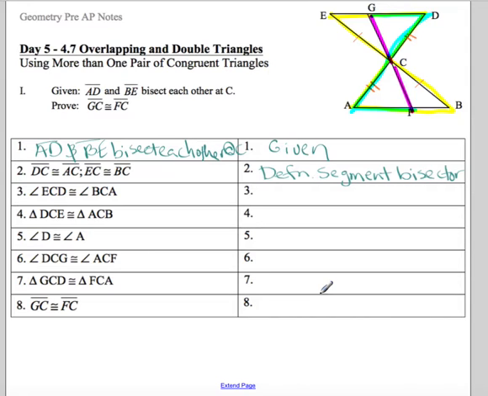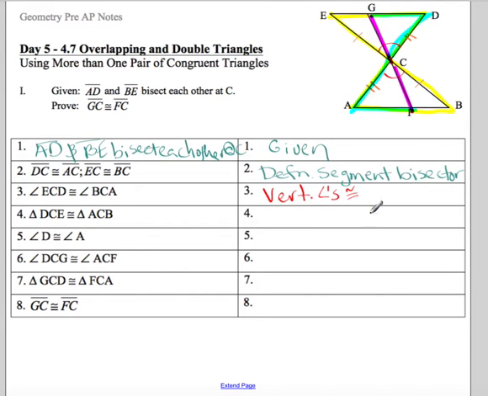Now, like I said, we can use these vertical angles. Again, remember we're going for the yellow triangles, the large triangles there. And so we're using these large vertical angles at this time. So angle ECD is congruent to angle BCA, vertical angles congruent for our reasoning there.